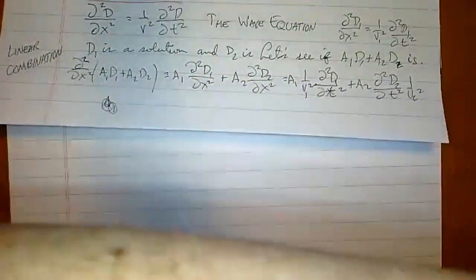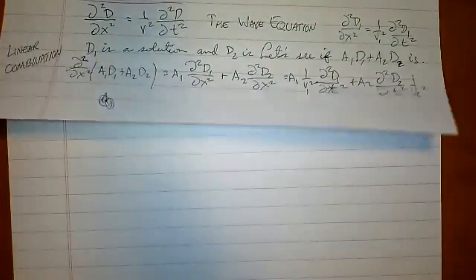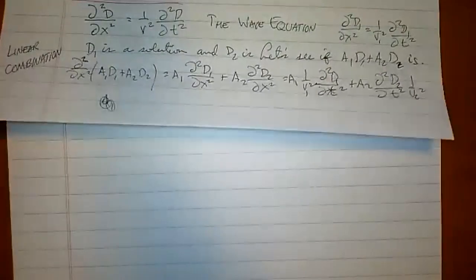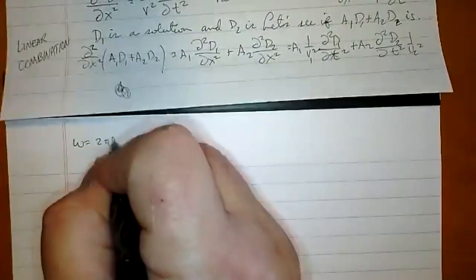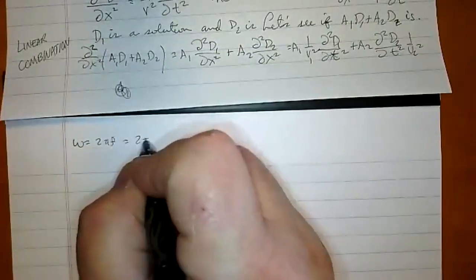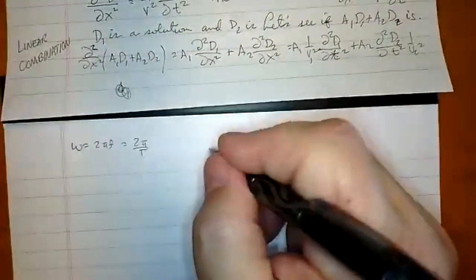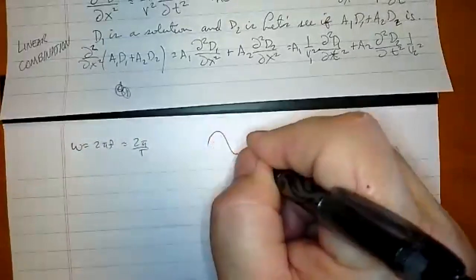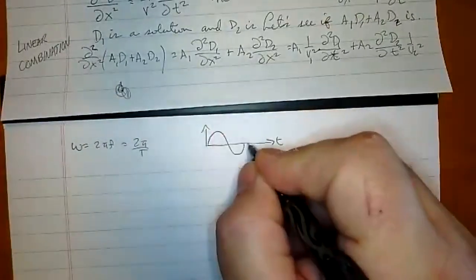You could use cosine, you could use sine, you could actually use the sum of sines and cosines, all sorts of cool stuff. But what I'm going to do is, just like we had omega equals 2 pi f, but that's equal to 2 pi over the period. So the period is sort of the length of the wave in time, right?